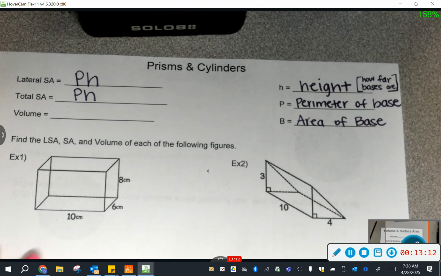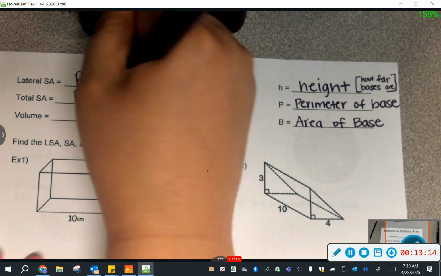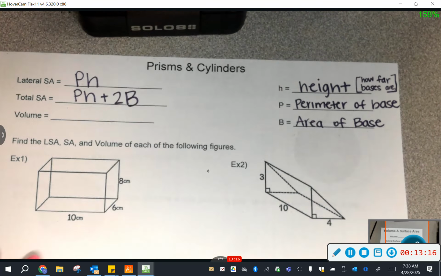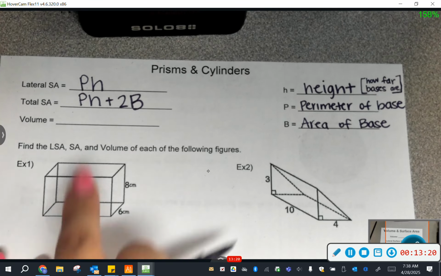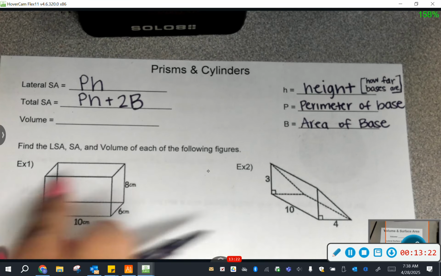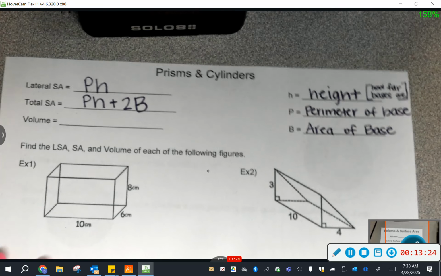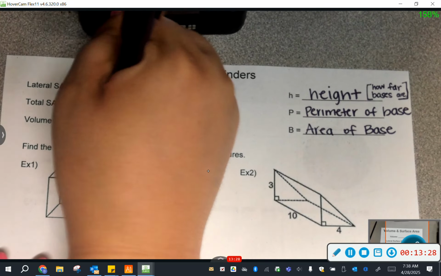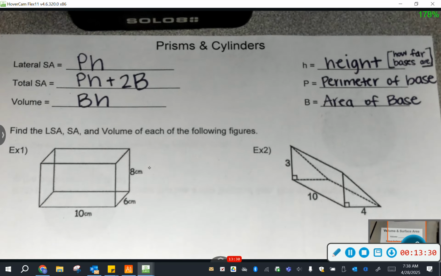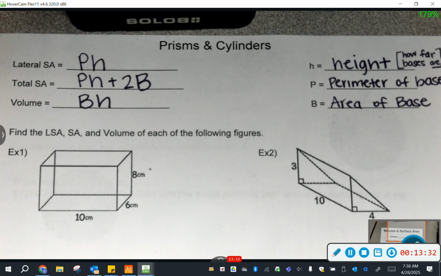How many bases are there? So it's going to be plus 2B. Lateral is just around. Total is around plus your 2 bases. And then last but not least, volume is big BH. You do not have to memorize those.